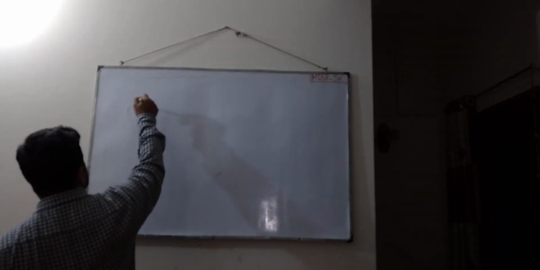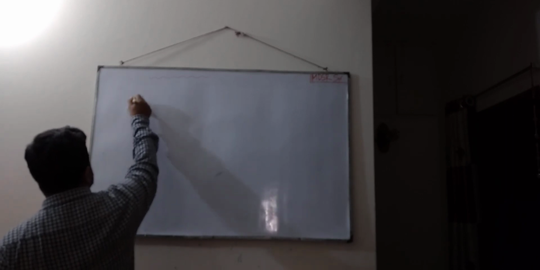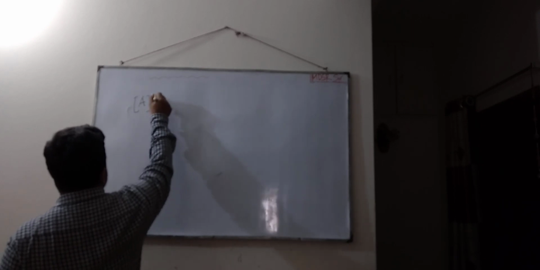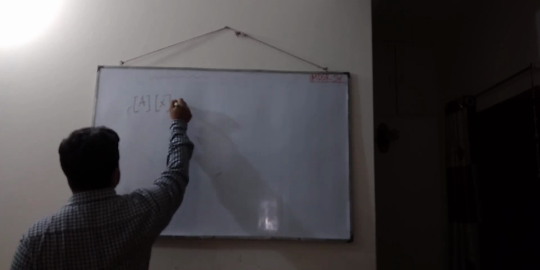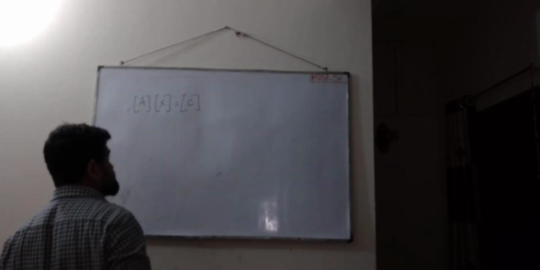These two things are given: the coefficient matrix multiplied by the variable matrix is equal to the constant matrix.